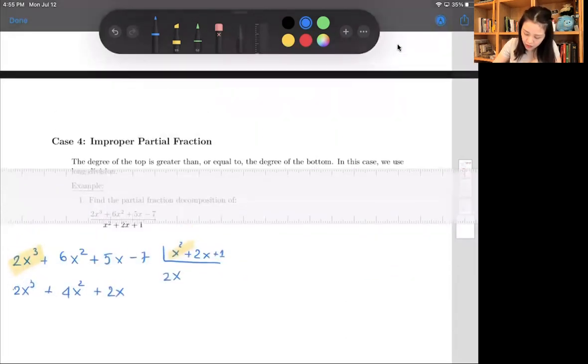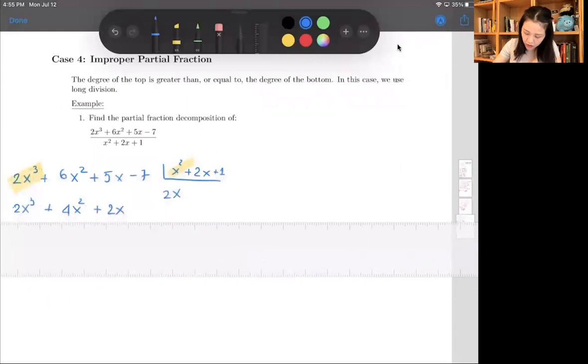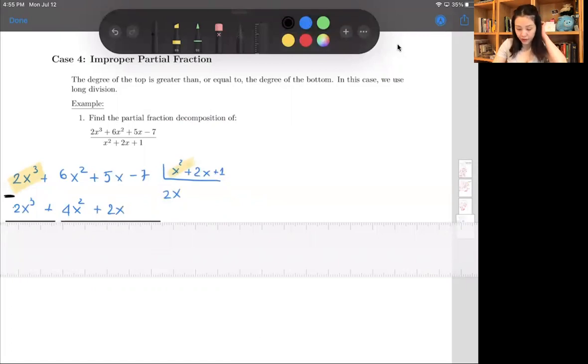And then we subtract. Make sure when you subtract, you want to subtract every term there, right?